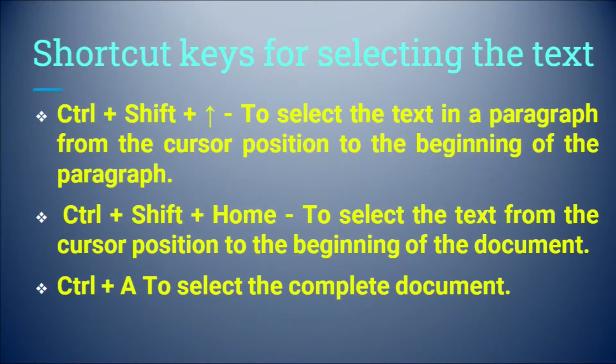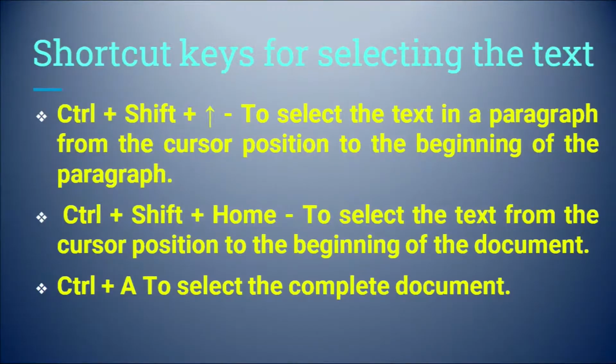Now the next one is to select the complete text from the cursor position to the beginning of the document, wherever the beginning is. For this particular example we could be either on the second page, third page, or for example maybe on the 10th page.